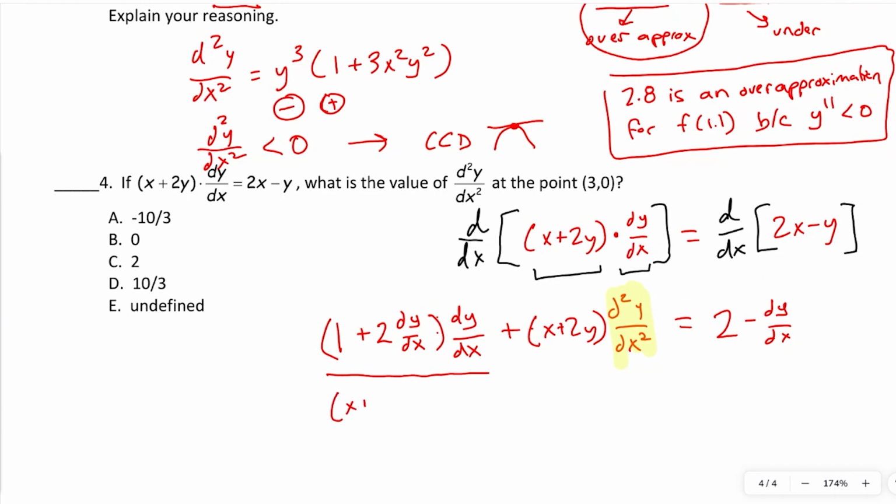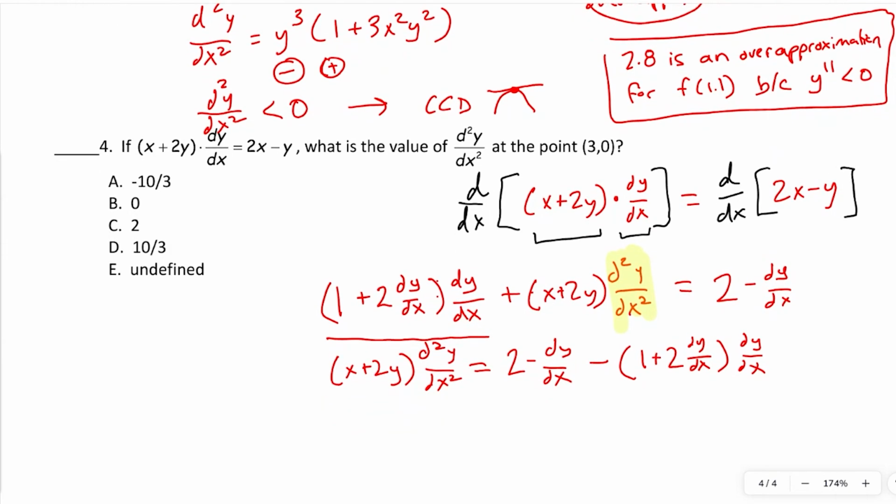So I'm going to have x plus 2y times the second derivative equals 2 minus the first derivative minus this (1 plus 2 dy/dx) times dy/dx.